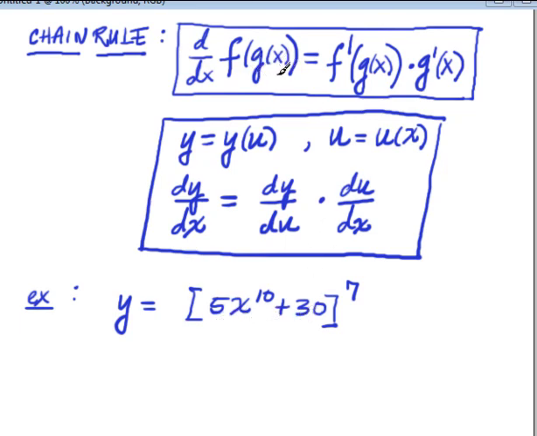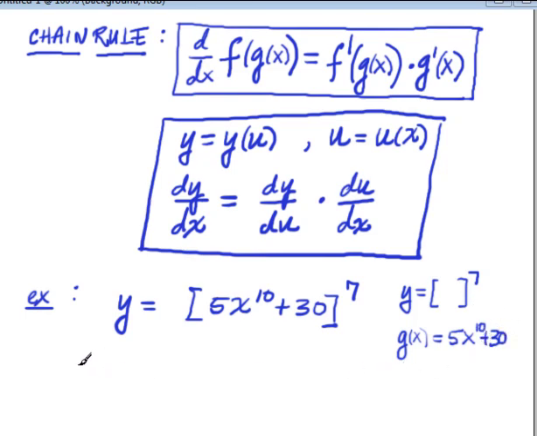That's our g that's substituted into f. Just breaking it up, we can think of that as our outer function. If you want, for a variable, we can put a variable u in there, but I'll just leave it blank. And our inner function g is equal to 5x to the 10th plus 30. So we have the outer function and the inner function.